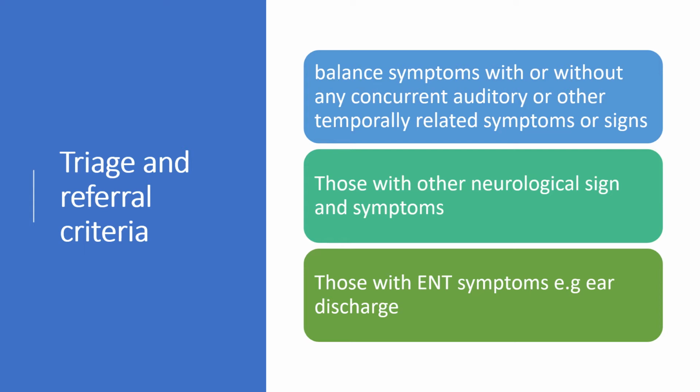For example, they can diagnose BPPV. You know, they don't need referrals to a further up balance center. But those with other neurological signs and symptoms, or those with ENT symptoms like ear discharge with vertigo, need an urgent referral.